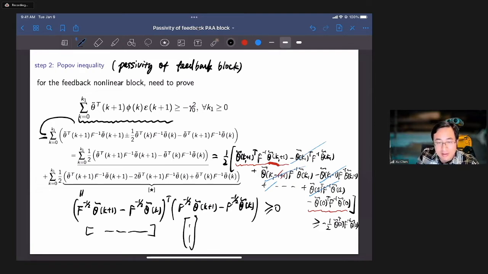And everything has been accounted for now, right? We have accounted for this big chunk. We have also accounted for this big chunk. So the entire left-hand side is going to be at least larger than or equal to negative 1/2 theta tilde transpose 0 F inverse theta tilde 0.